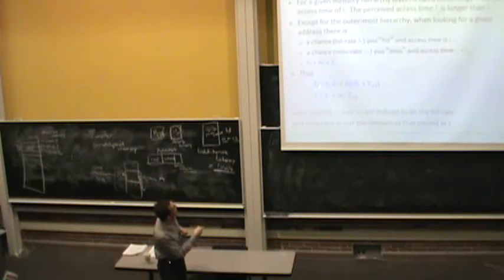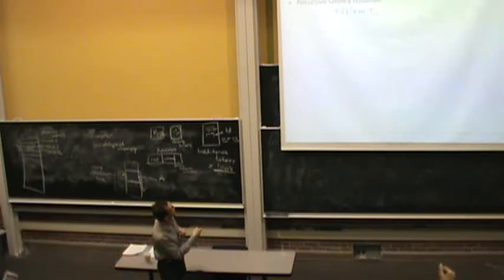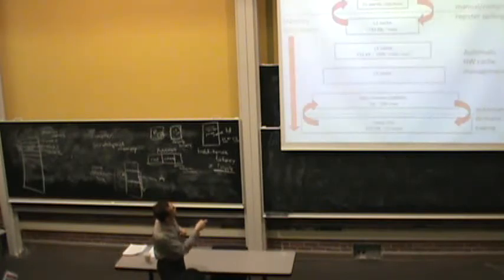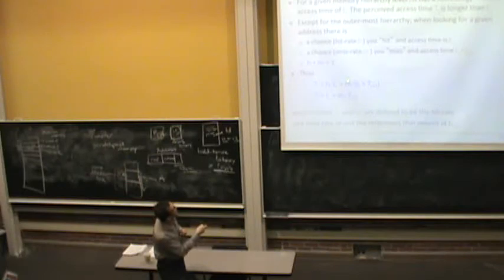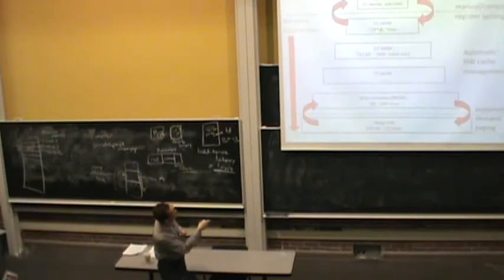So your overall access latency is a recursive equation based on these levels. Basically, hit time of the first level times the fraction of times you actually hit in this level, plus the miss rate, what fraction of the time you miss in this level, times the time to access the remaining hierarchy.